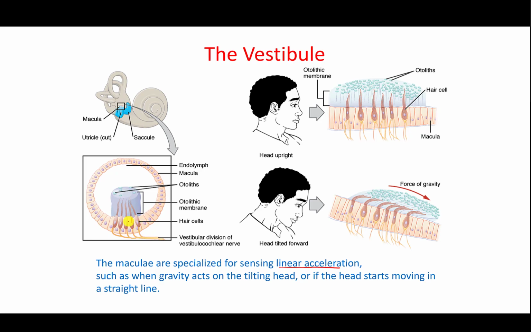Also we have hair cells there, surrounded by fluid. When we tilt our head, the hairs will bend, and that would induce action potentials. So the vestibule is responsible for linear acceleration, moving forward or backward, for example, and also head movement, bending it backward and forward, and also altitude. If we go in an elevator, up or down, we understand that through the vestibule.